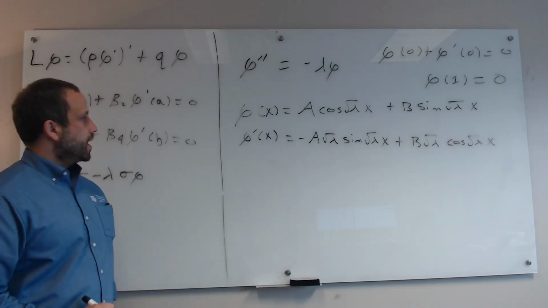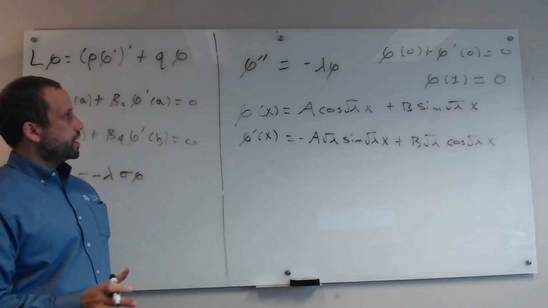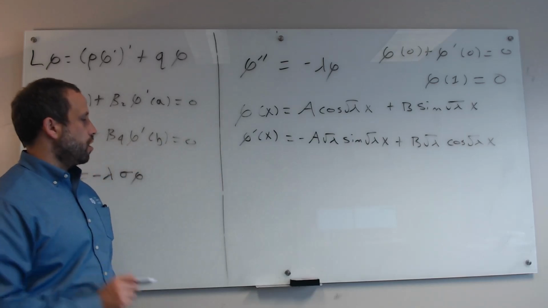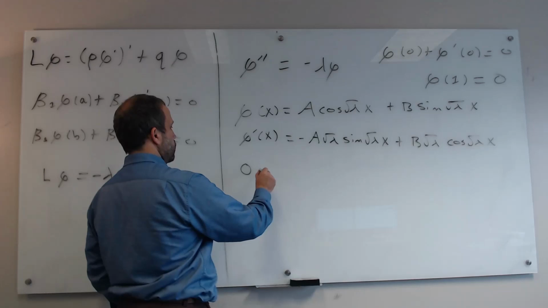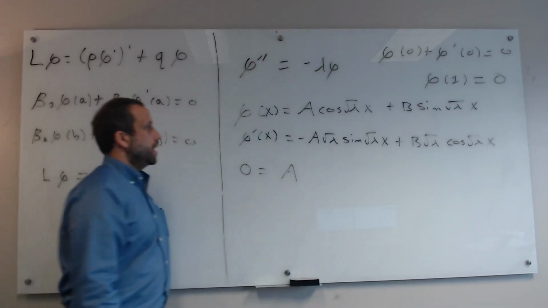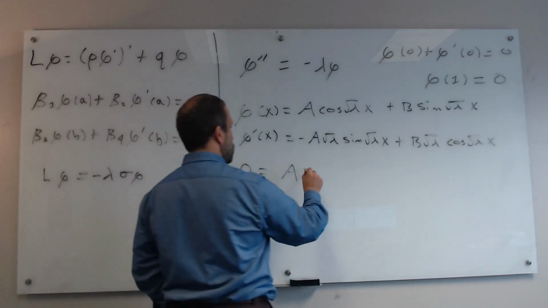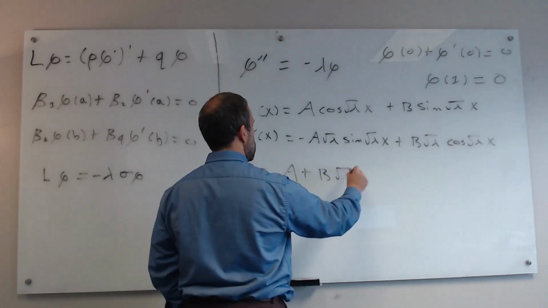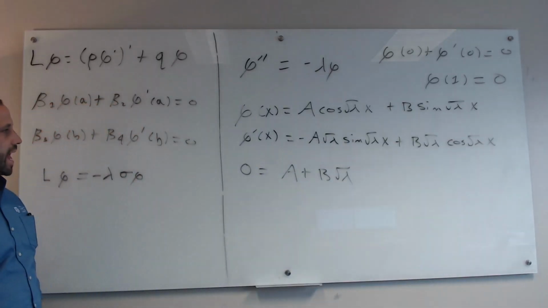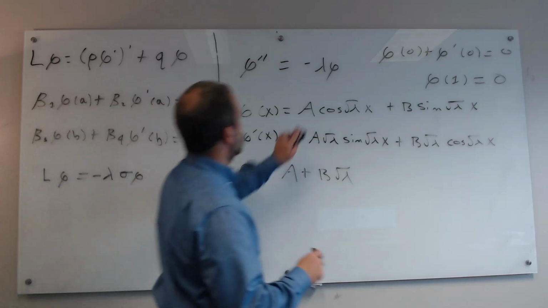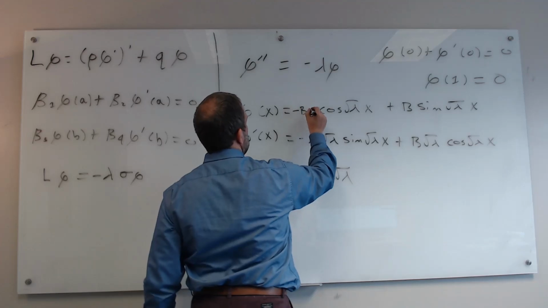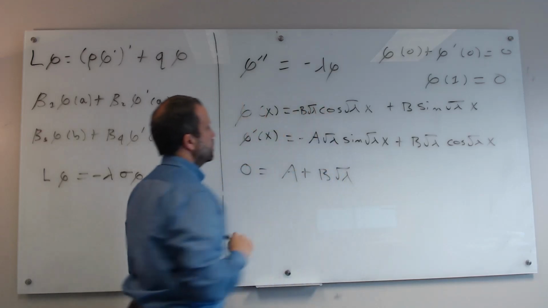And if I look at the boundary condition at 0, it says phi of 0 plus phi prime of 0 is equal to 0. So if I plug in x equals 0 here, I get a. If I plug in x equals 0 over here, I get plus b square root of lambda. So this tells me that a is equal to minus b times the square root of lambda.